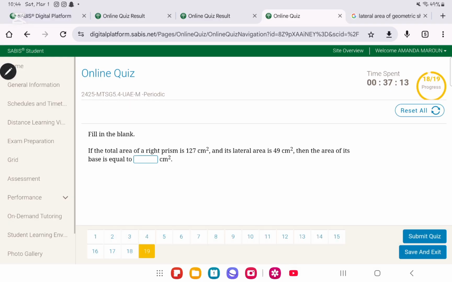We will move on to the last question, which is question number 19. If the total surface area of a right prism is 127 centimeter squared, not cubed, my bad. We know that the total surface area of any right prism is 2 times the area of the base plus the perimeter times the height.